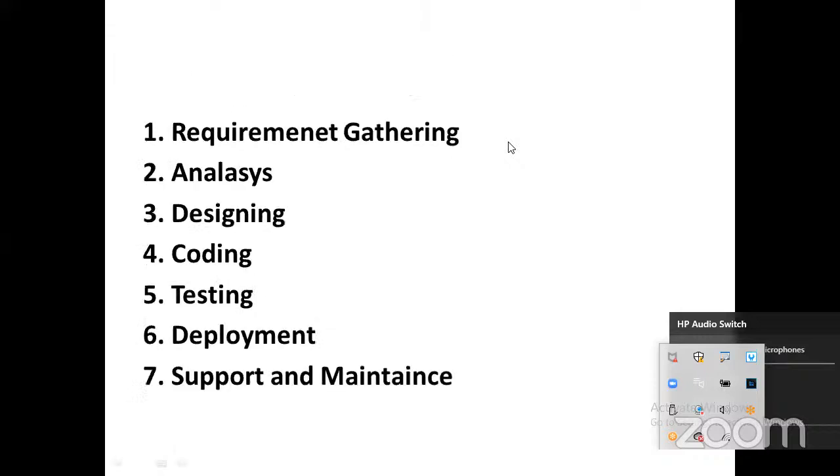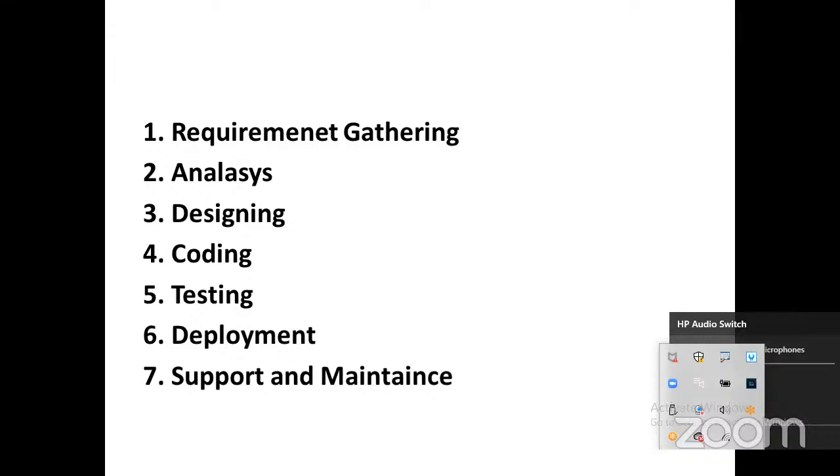Did you understand? So generally, whenever you develop any project, some steps are required, like requirement gathering. First of all, the business analyst will gather the requirements from the client. The business analyst will act like a mediator between the software company and the client organization, vendor organization. He is the person who will gather the requirements from the client.